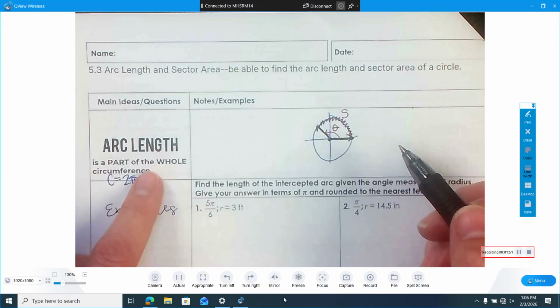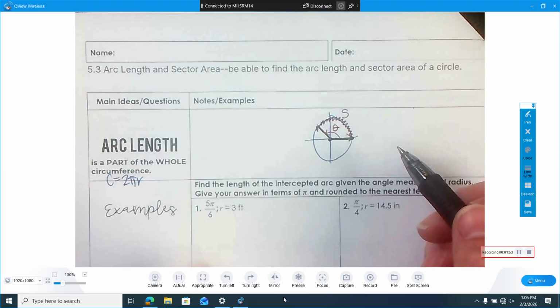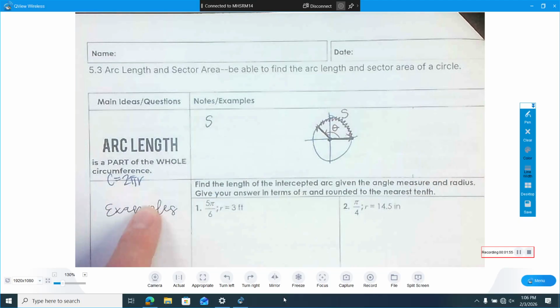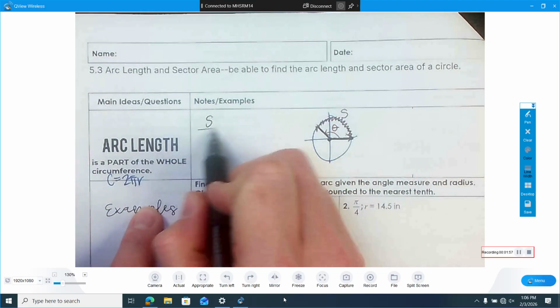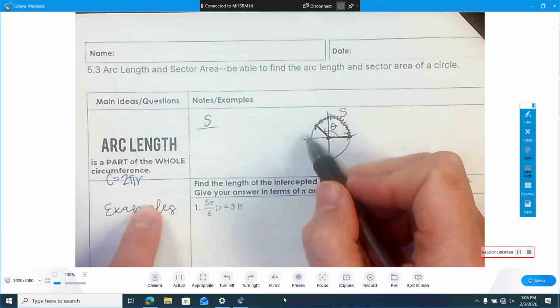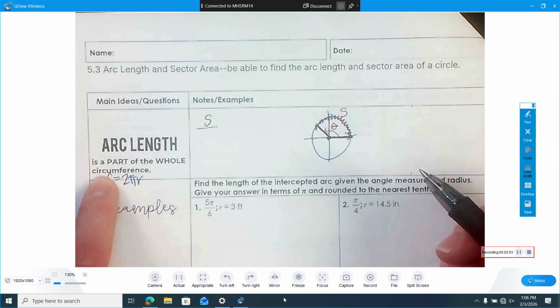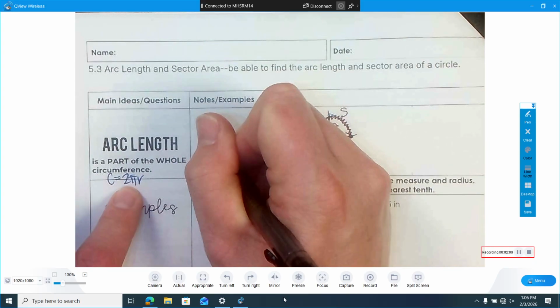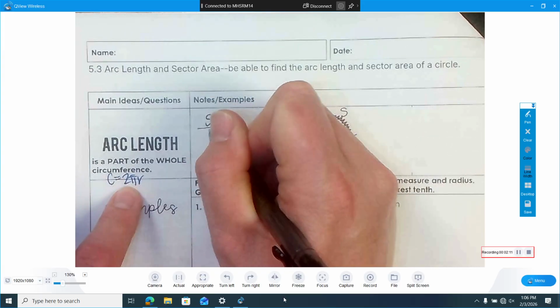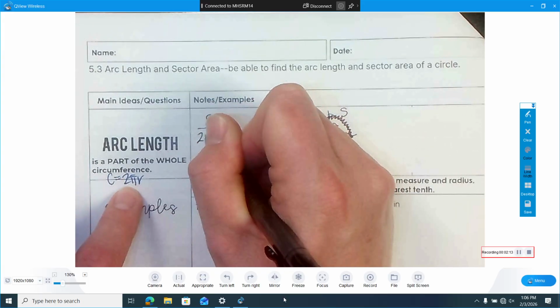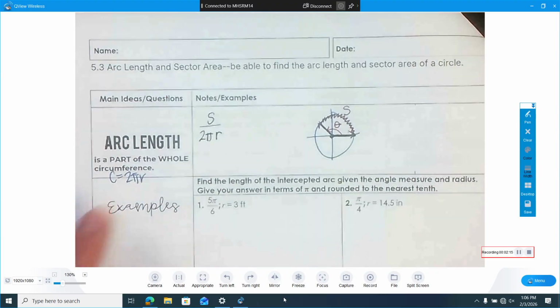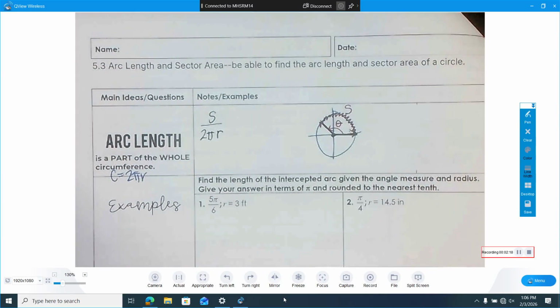So if I want to figure out the arc length S, it is a part out of the total circumference. Do we have a formula for circumference? Yeah, circumference equals 2 pi r. So S is just a part of the whole 2 pi r, part of the whole circumference, okay?